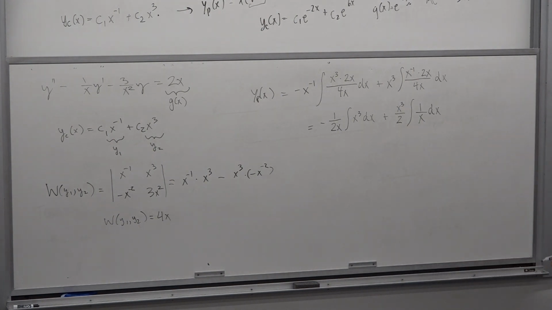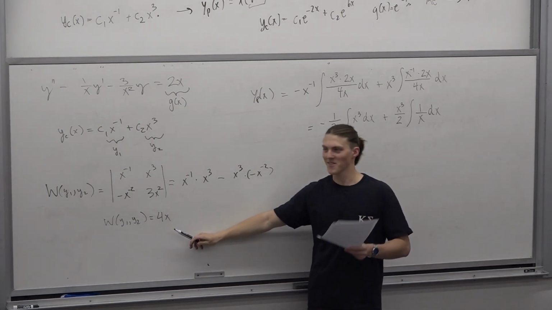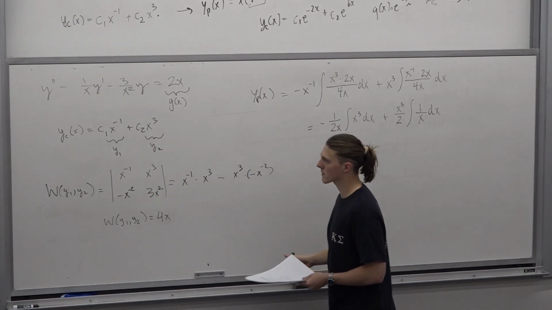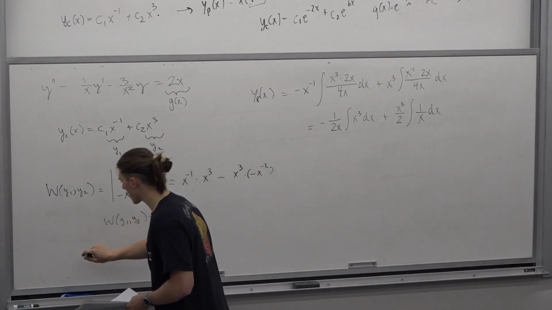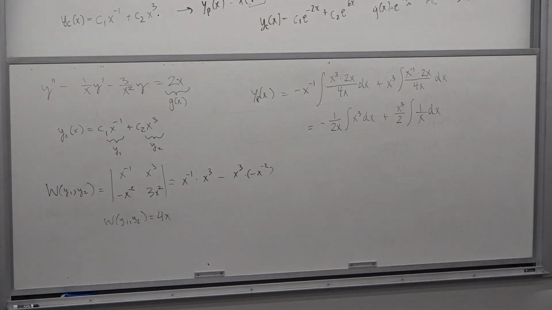I heard somebody asked where 4x came from. Are you referring to right here? There's a specific equation for determinants. I'll write it on the side. So we know the Wronskian, two functions, looks like that, with these bars meaning a determinant.